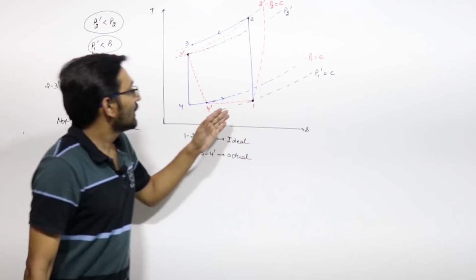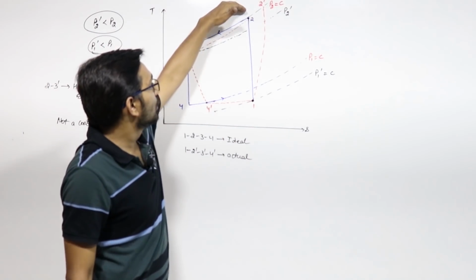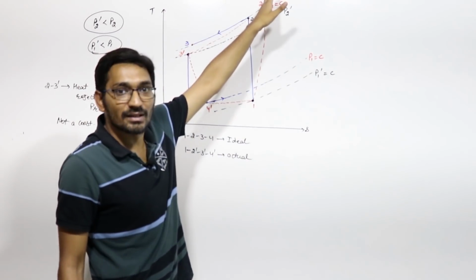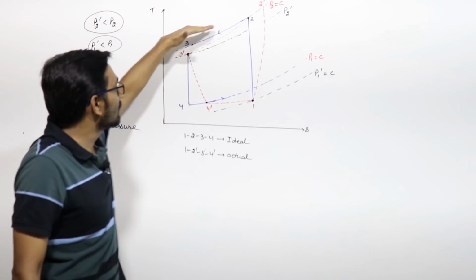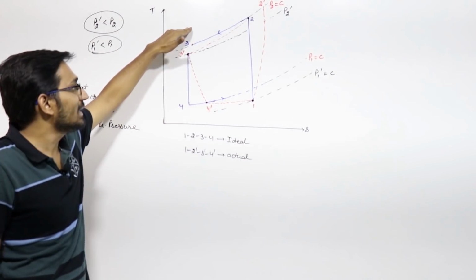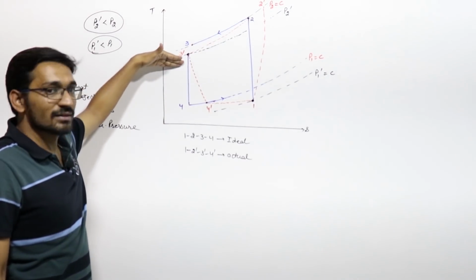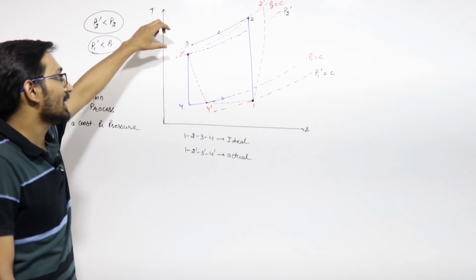So if the compression is up to P2 we want, this is P2. 1 to 2 is reversible adiabatic, 1 to 2 dash is irreversible adiabatic. 2 dash to 3 has the same pressure ratio, constant pressure heat addition, but 2 dash to 3 dash is heat rejection, not at constant pressure.